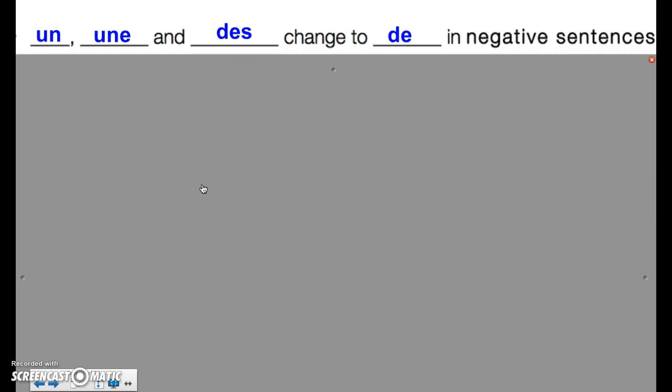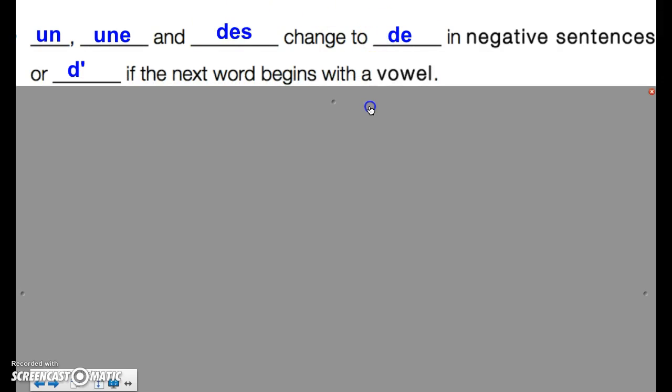So one other thing that happens is that our articles are going to change a little bit. So if I have a sentence that has un, une, or des in it, and it becomes a negative sentence, I'm going to change either un, une, or des to become de in those negative sentences, or d apostrophe if the next word begins with a vowel.